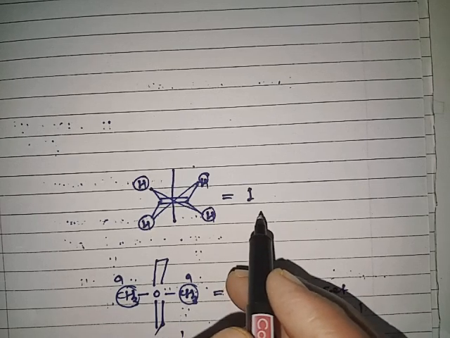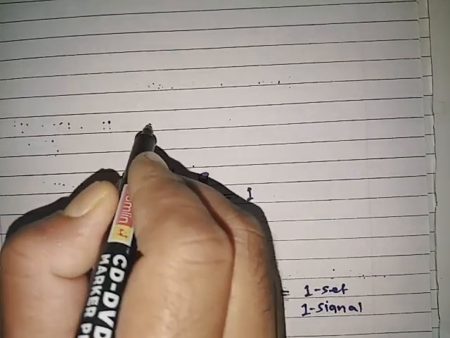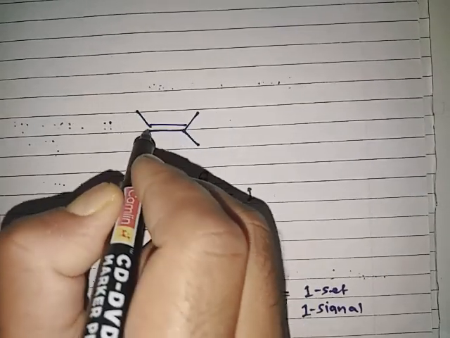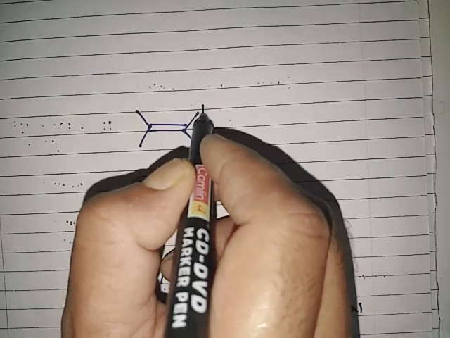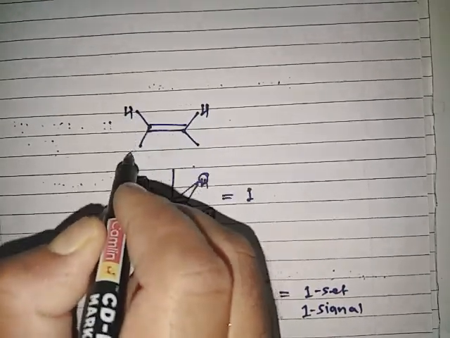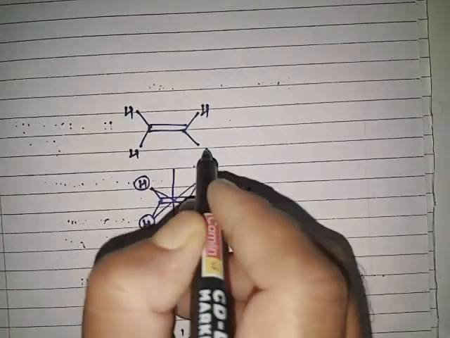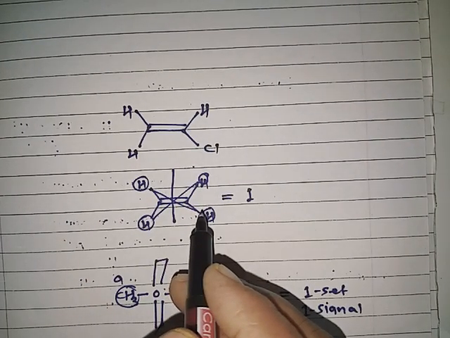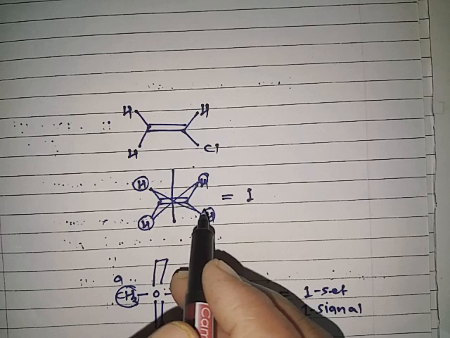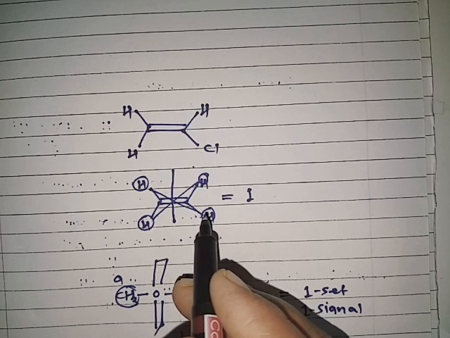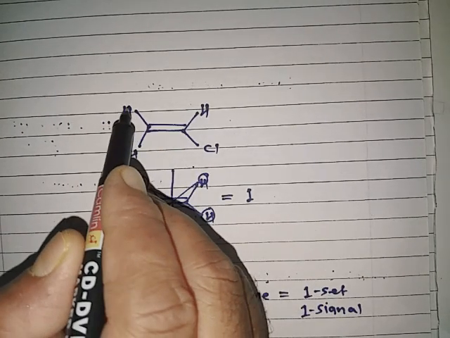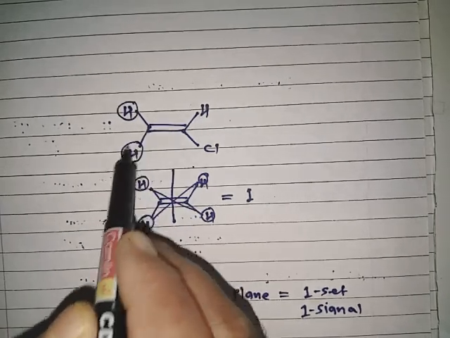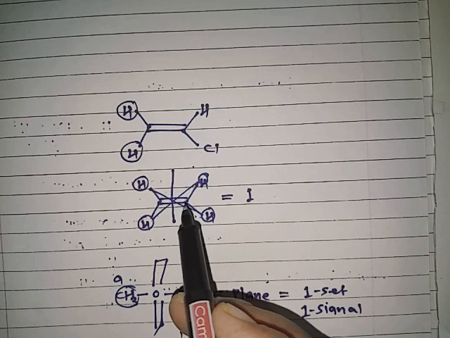But if you replace one of the hydrogens by any heteroatom, then the symmetry of this molecule is disturbed, and in this case you will observe three signals. Now the question arises, why are these two protons not identical?